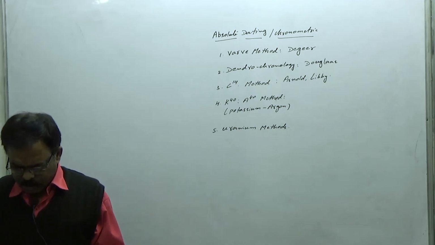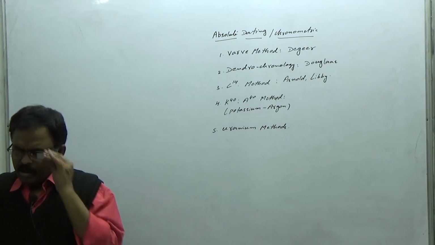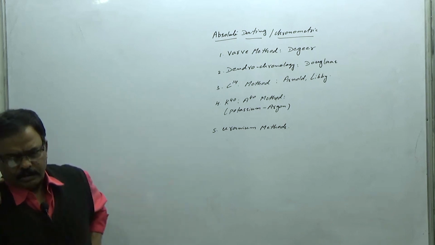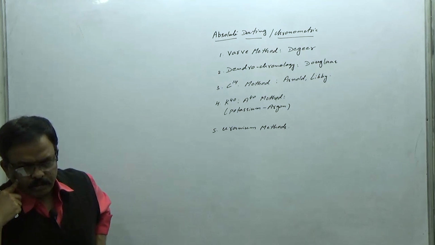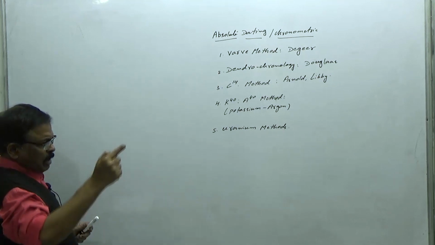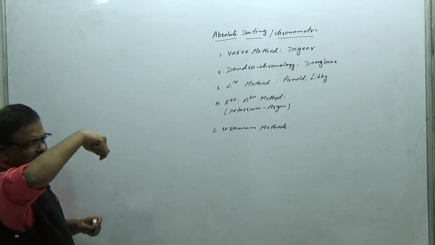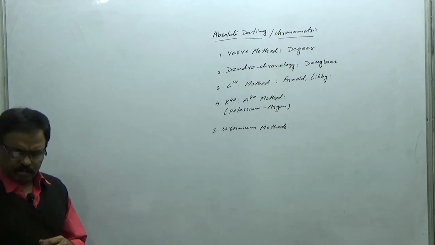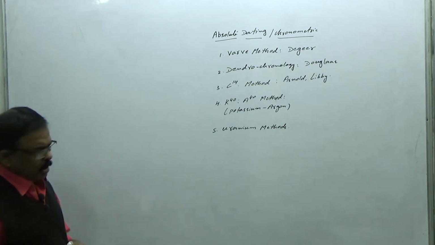First of all, the dendrochronology method is a botanical method, based on the annular rings of trees.